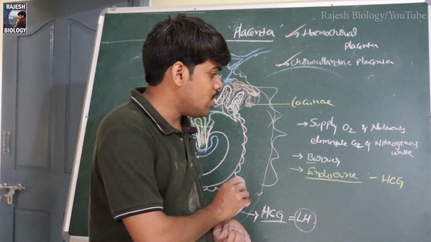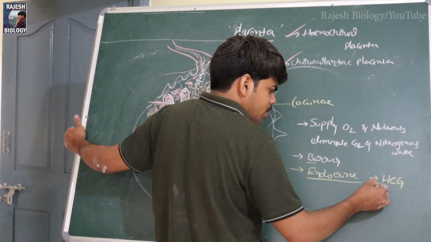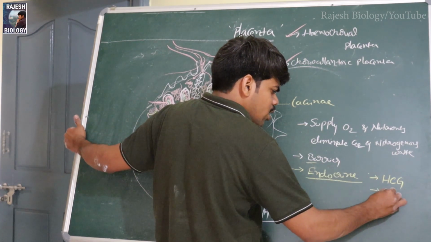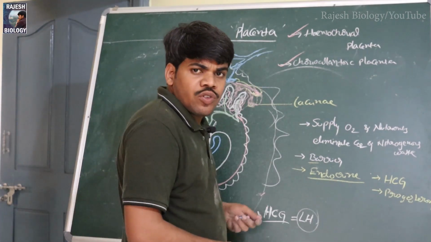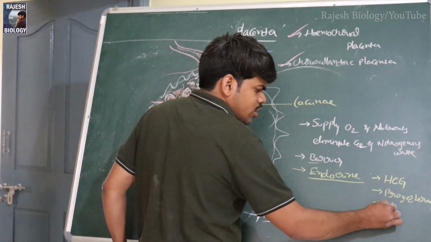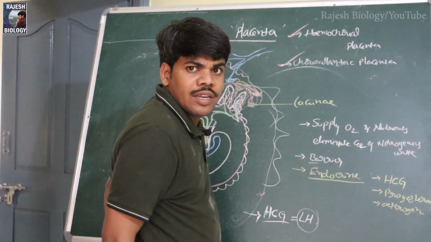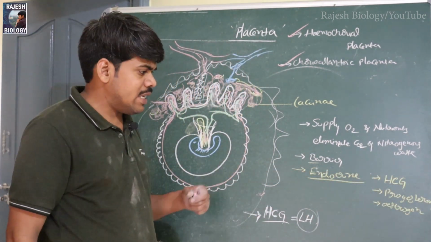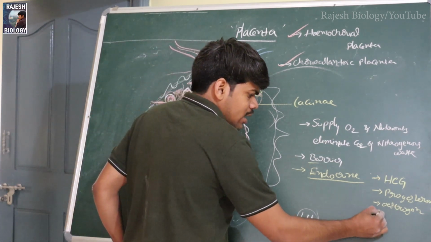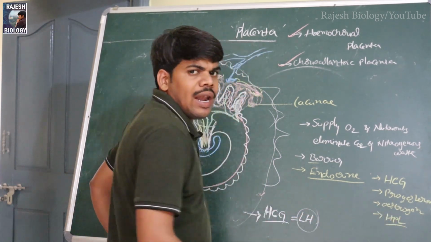How is it possible? For the remaining time, not the corpus luteum, the placenta itself secretes the hormone progesterone, which maintains the endometrium. And another hormone, estrogen, for the proliferation of the endometrium, is secreted by this placenta. And not only that, it secretes HPL, human placental lactogen.